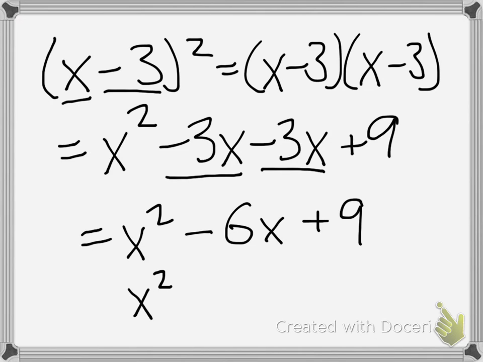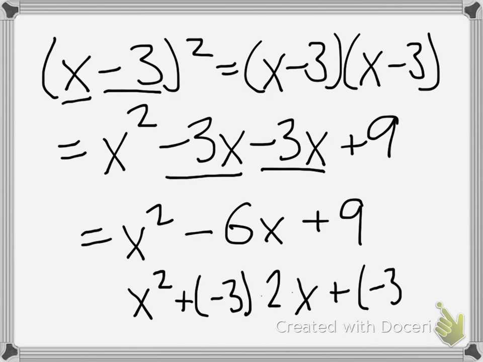I don't have to worry about that. Since I had a 2 in my previous formula, I'm going to think that negative 6x is probably minus 3 times 2 times x. That seems like a reasonable hypothesis. And then that 9 is just minus 3 squared. So I want a formula that looks something like that. And in fact, that's what I have.